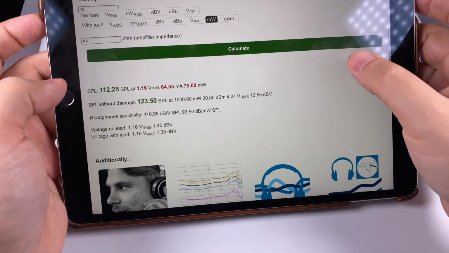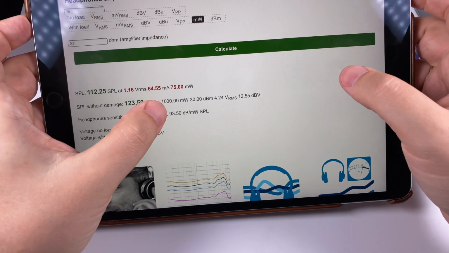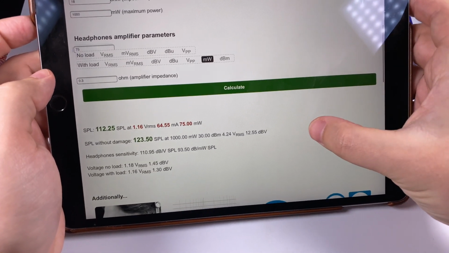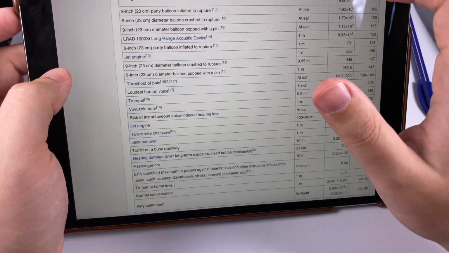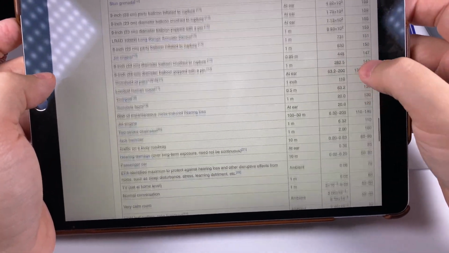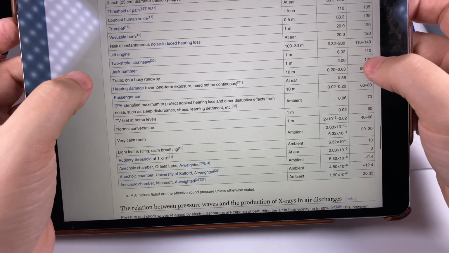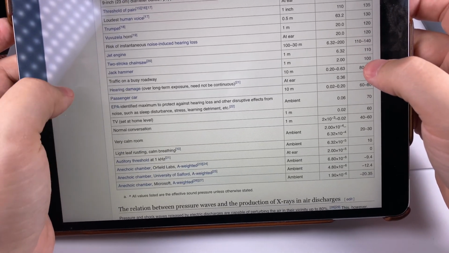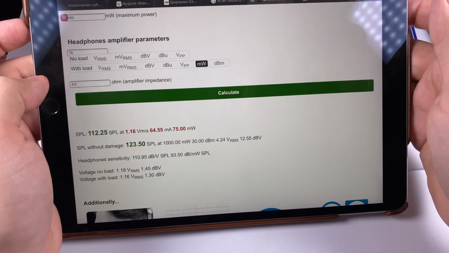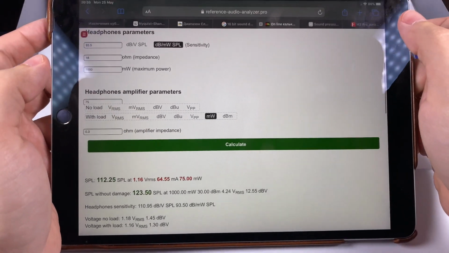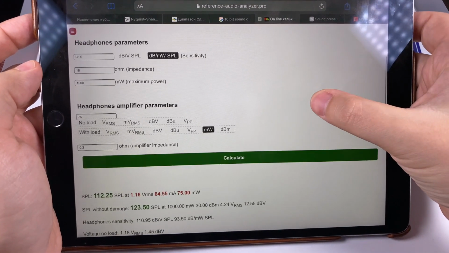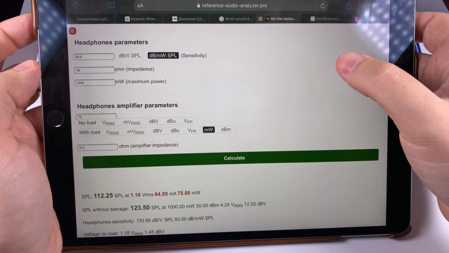And as you can see, we've got 112 decibels sound pressure level. And what does it mean? There is a good table on Wikipedia with reference sound pressure levels, like 110 is a chainsaw and 100 is a jackhammer. Of course this is an example where the calculator makes no sense, because we can understand that this player won't be enough to drive these headphones.